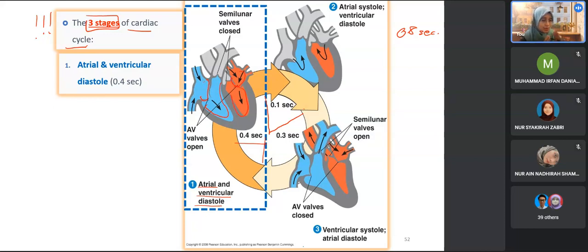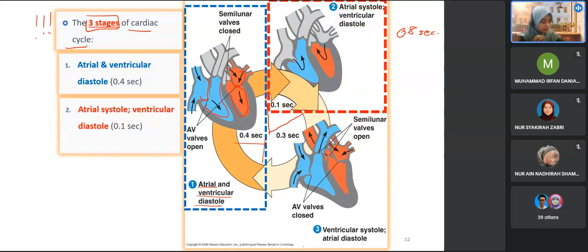So at this point, all the heart chambers are filled with blood, respectively lah. Kalau right, deoxygenated blood. Kalau left, oxygenated blood. So relax. All the heart chambers are filled with blood. 0.4 second.